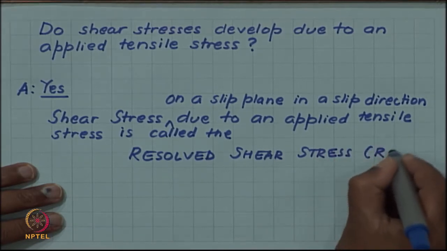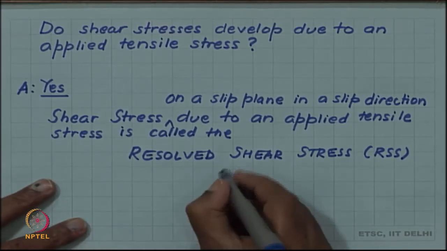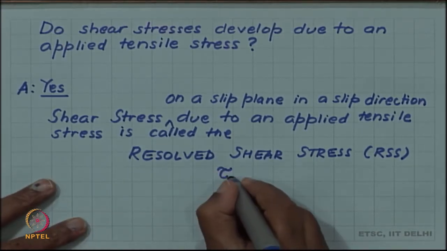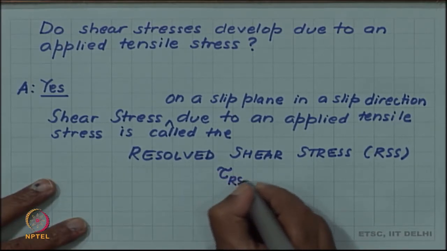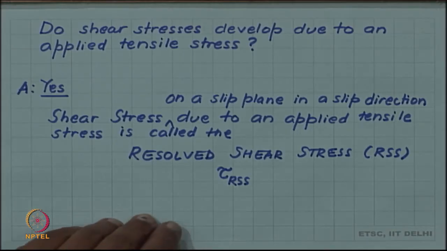Sometimes we will abbreviate it to RSS, and sometimes we will use the symbol tau for shear stress and put RSS as subscript. So, this is called the resolved shear stress.